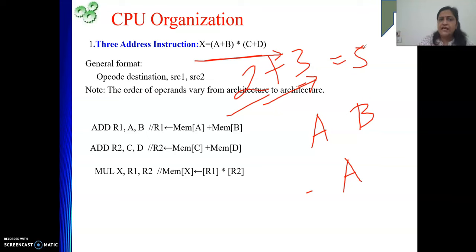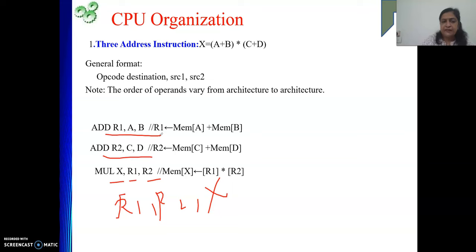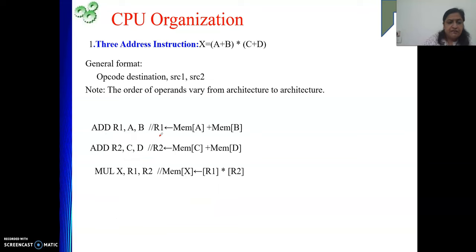So hope this three address instruction format is clear. First is the opcode, then three operands, and the order of the operands may change from architecture to architecture. Here the order I have taken is destination first, then source 1, source 2. Someone may take it the other way also, that is R1, R2, X. That is also absolutely correct, and then they need to change it here also. So this much is fine.